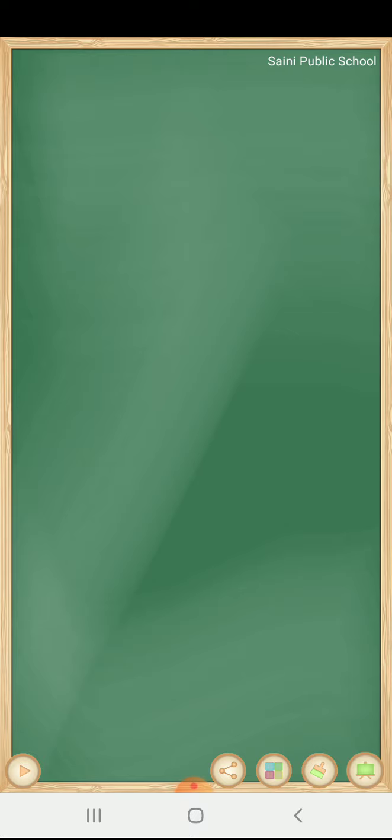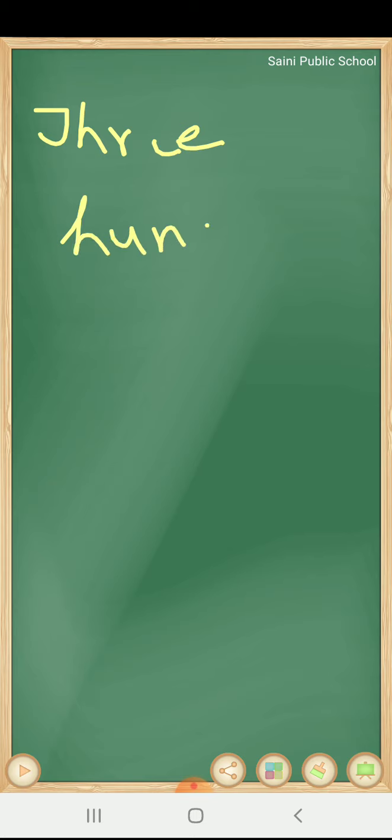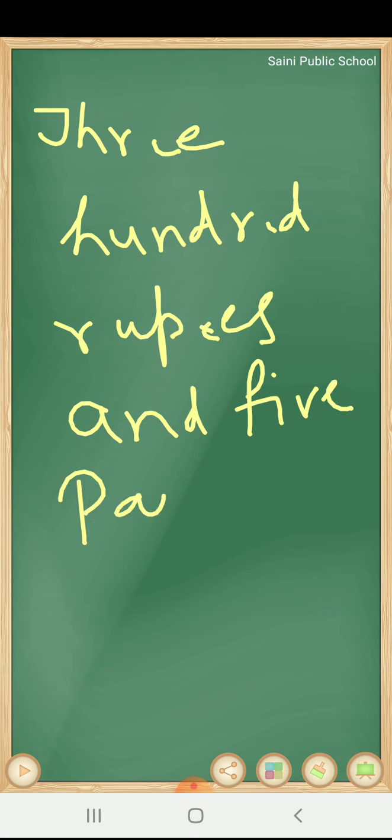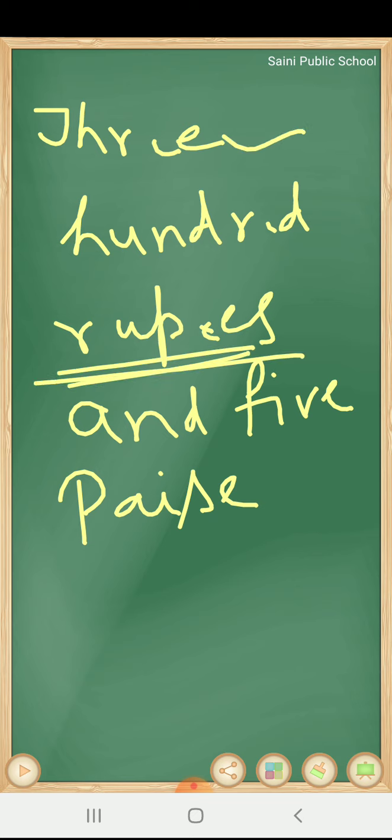Let us discuss one more example. Suppose we want to write 300 rupees and 5 paise. This is the question given to us. Now again in the same way, rupees 300. So here 300 rupees and we will use the dot, then 5 paise.